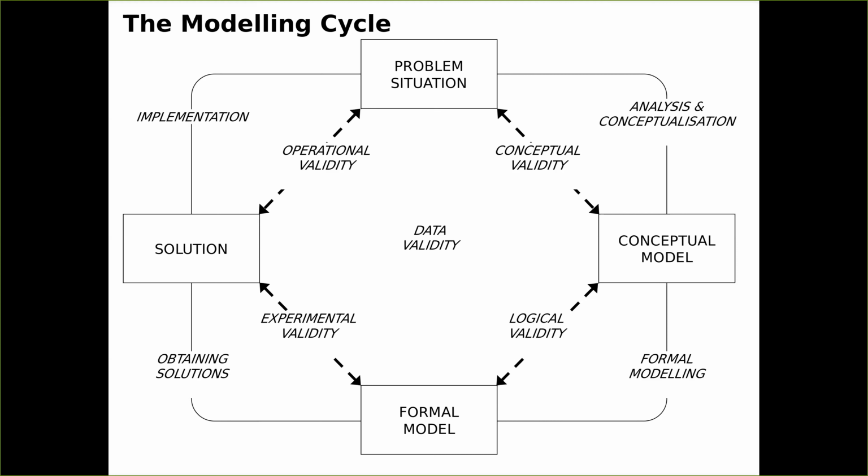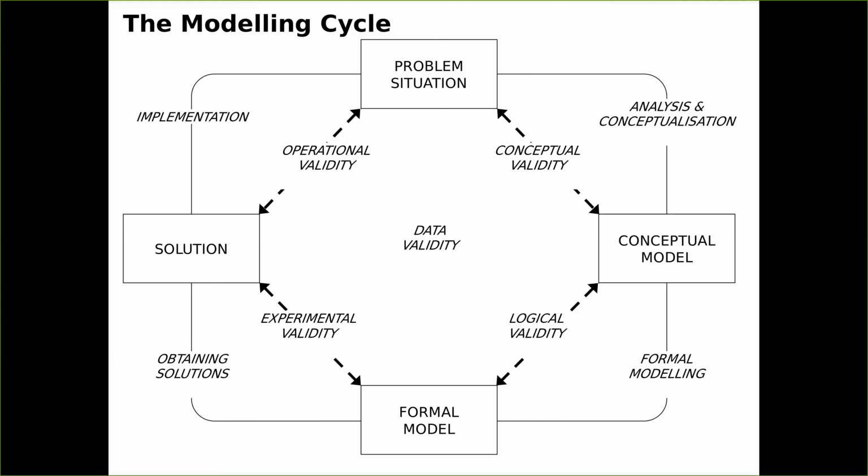How are you going to take that real world problem and create a design for a model that captures something about that real world that allows you to then answer a particular question? And we can check that back and validate it in some way against our problem situation to make sure that we're capturing the right things.